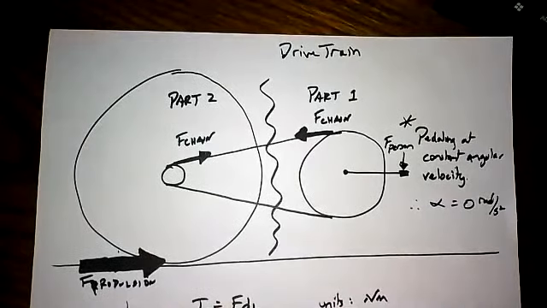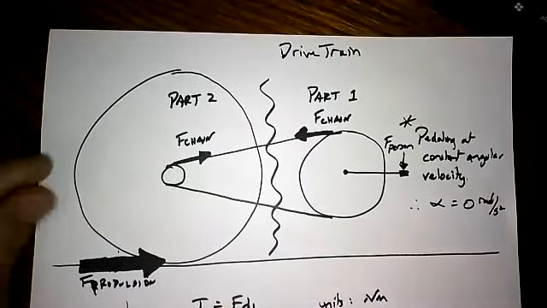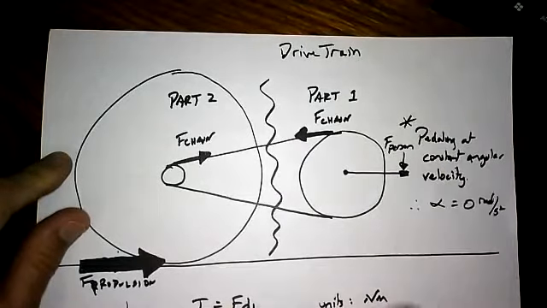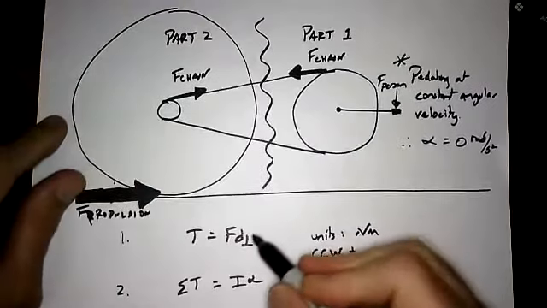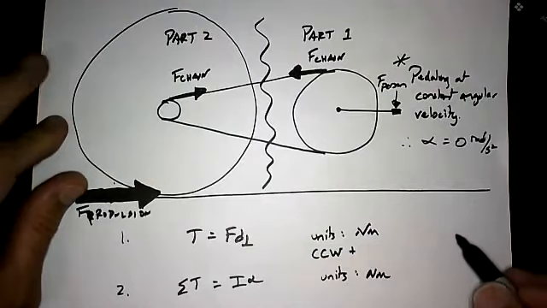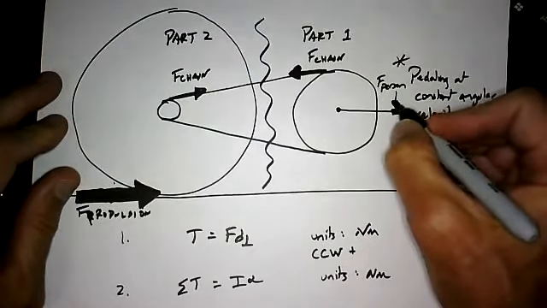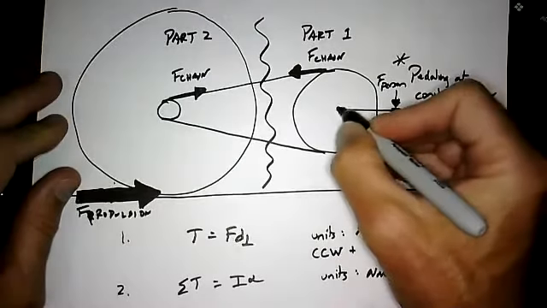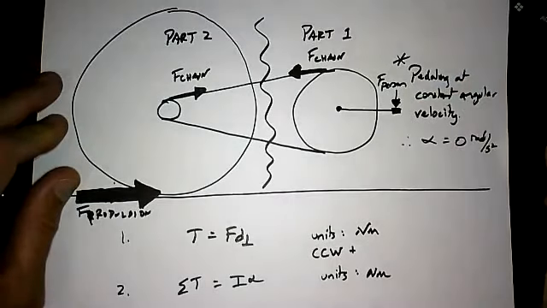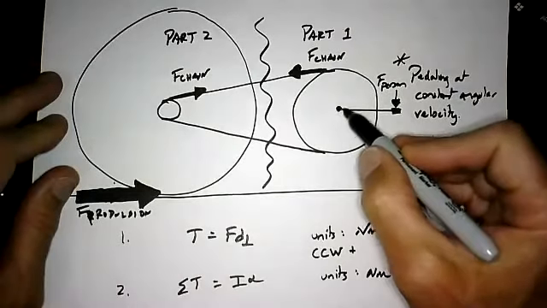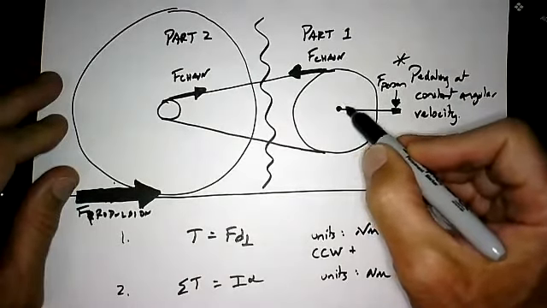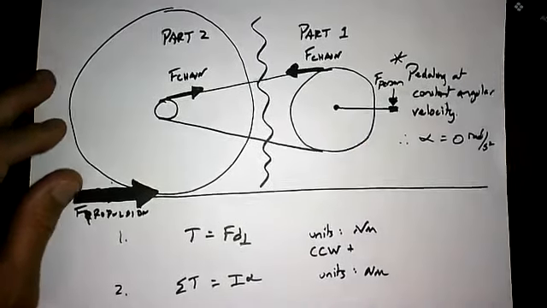All right, so for part 1, we're going to need these two equations: sum of torques equals I alpha, and T equals F d perpendicular. So part 1: what torques are acting about this axis of rotation, which is the bottom bracket? What forces are tending to cause rotation about that axis of rotation?